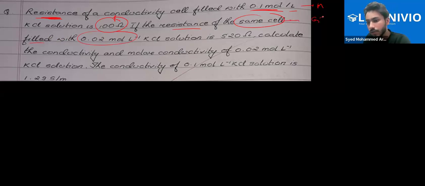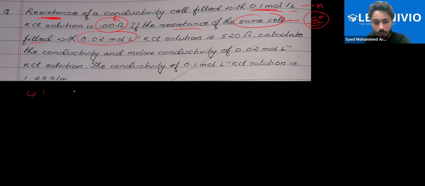Let's start. The concentration is 0.1 molar and the resistance is given. If the resistance of the same cell is filled with this molar solution, same cell means G star is constant. So you have to make two equations.